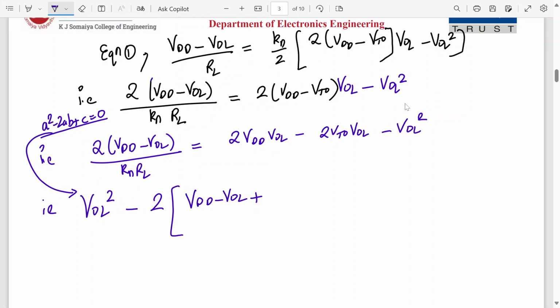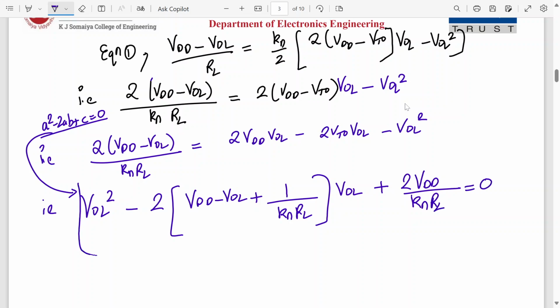VDD minus VTO plus 1 upon KnRL, let me just write this down and then we'll come back to it, into VOL. So this VOL will come over here, right? Twice VDD minus VOL. Then plus twice VDD upon KnRL is equal to 0.